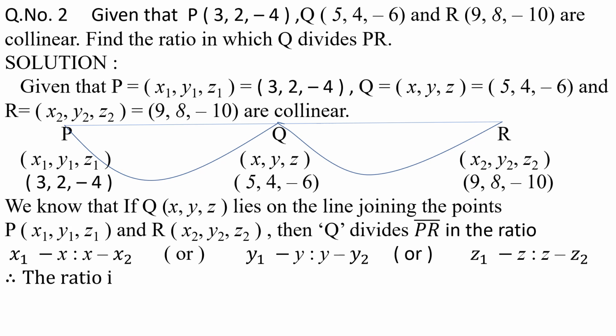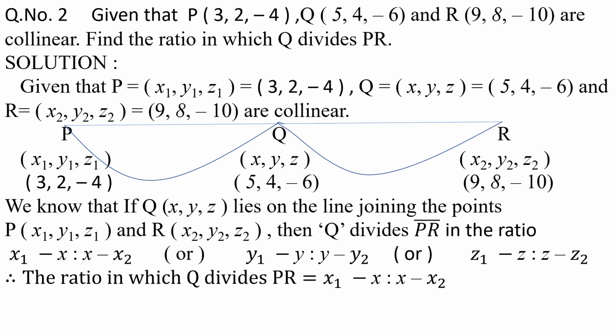Therefore, the ratio in which Q divides line segment PR is equal to, I have taken the first formula, x1 minus x is to x minus x2. You can take the second formula also or the third formula also. In all these three cases, you get the same answer.